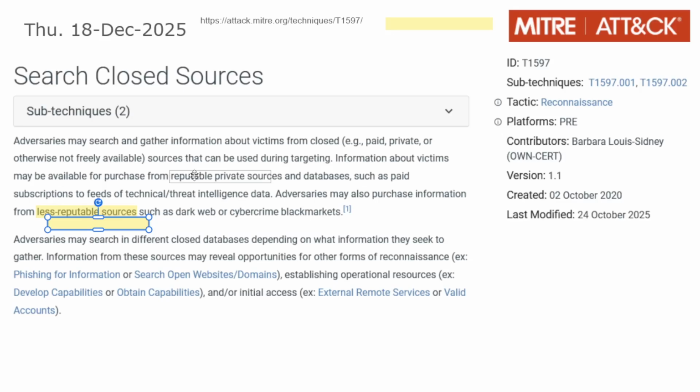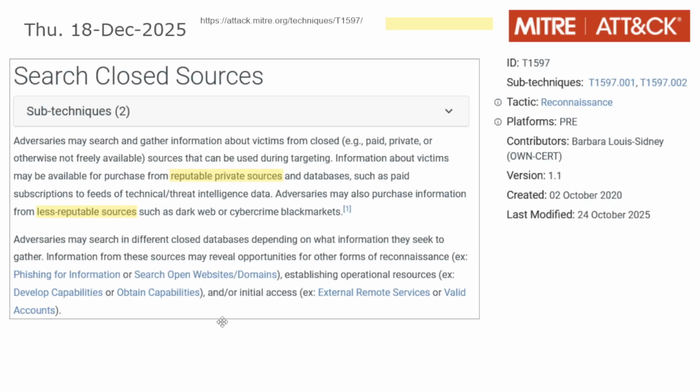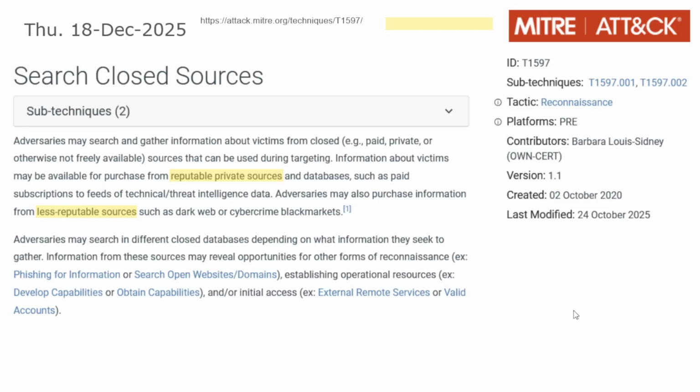I will mark down reputable and less reputable sources. Cybercrime black markets. Yes. What was the one black market name? Silk Road, I think. They shut it down eventually, but it was one of the famous examples anyway.